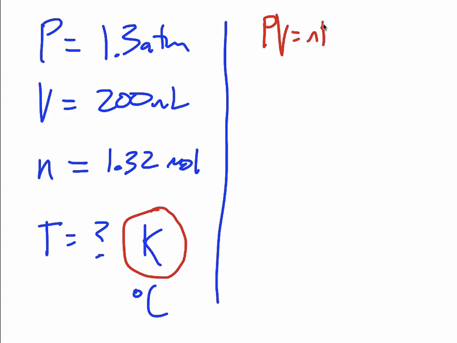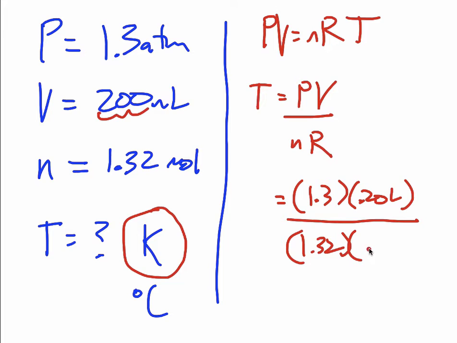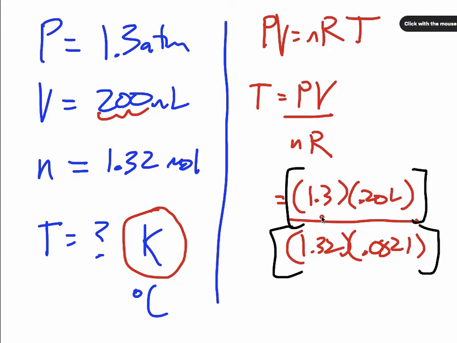PV equals nRT. T equals PV divided by nR. So P is 1.3. V is going to be 0.20 liters. N is going to be 1.32. And R is 0.0821. Now, a common mistake when you're doing this is that you have to treat the top as one thing and the bottom as one thing, or else you won't get the right answer.